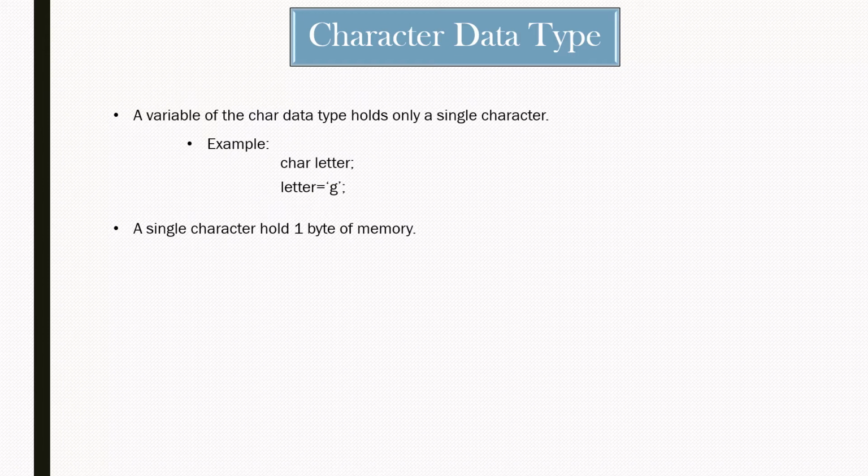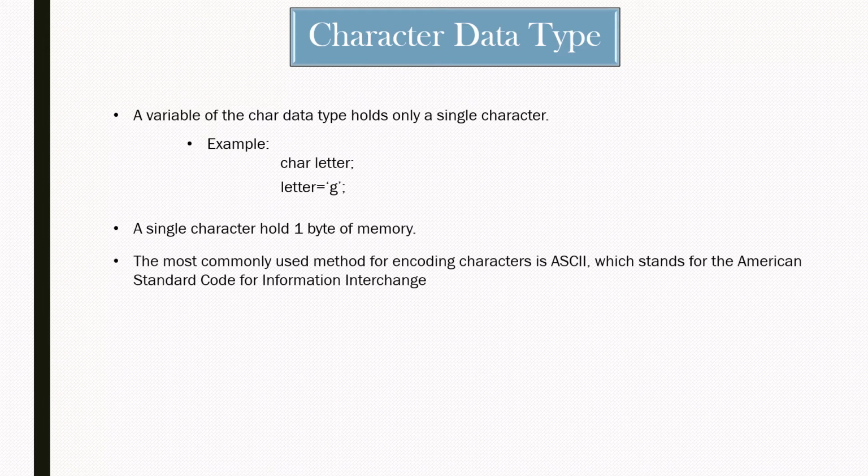The reason an integer data type is used to store characters is because characters are internally represented by numbers. Each printable character as well as many non-printable characters is assigned a unique number. The most commonly used method for encoding characters is ASCII, which stands for American Standard Code for Information Interchange.